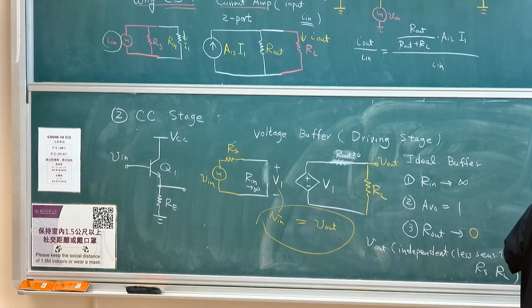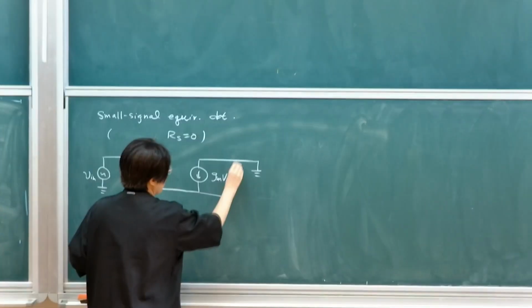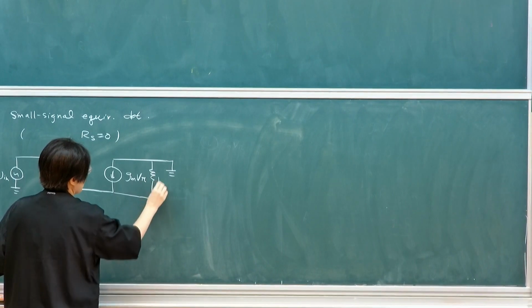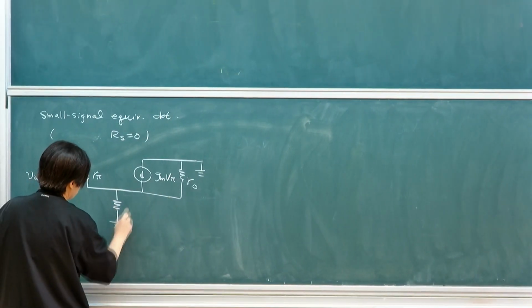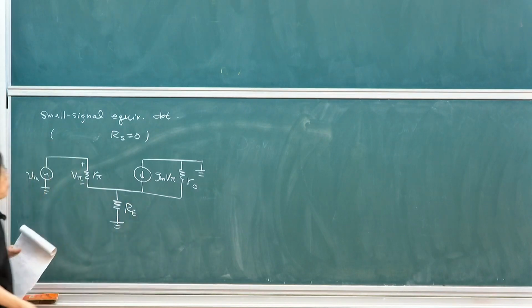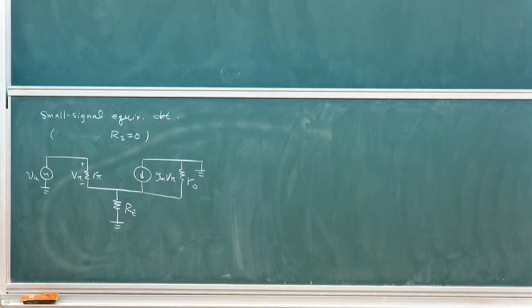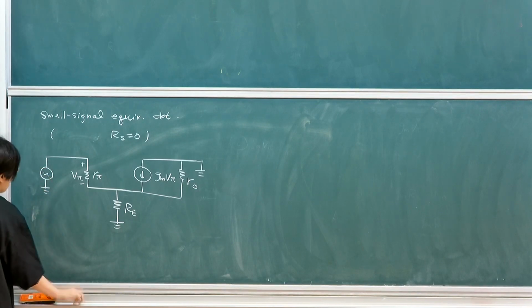Actually, I'm including it, never mind. So let's include R out. If I'm including R out, it will look something like this. I could include that without too much pain, so that it will be more complete. Okay? Let me highlight the input and output terminals. I have input coming in from the base, output at the emitter.